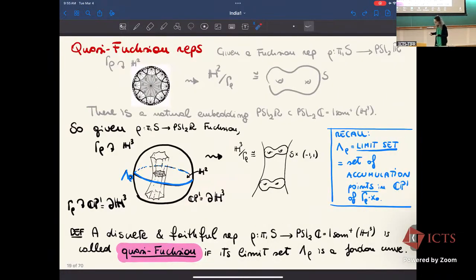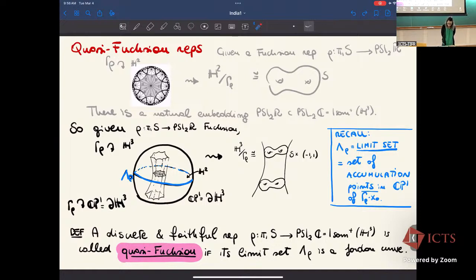And the point of quasi-Fuchsian, the definition of a quasi-Fuchsian representation, is really how much can you deform this representation while keeping the geometry the same. And so you can deform with this quasi-conformal deformation, and still the picture that I draw is going to look similar. I think yesterday you have seen a slightly different definition.